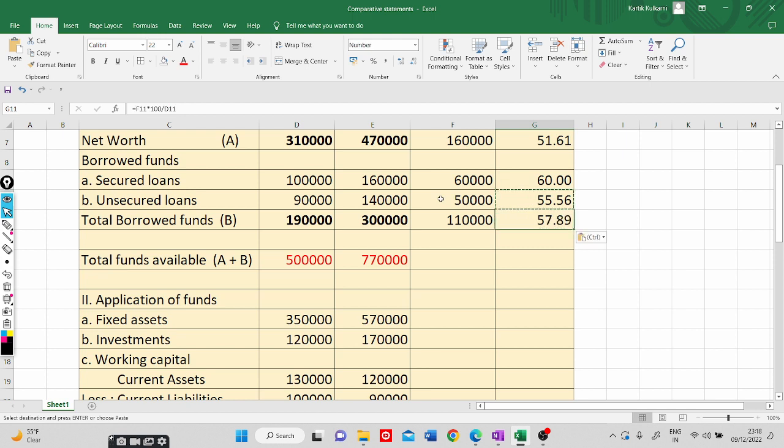Similarly, we just have to calculate the percentages. Can calculate as a percentage.